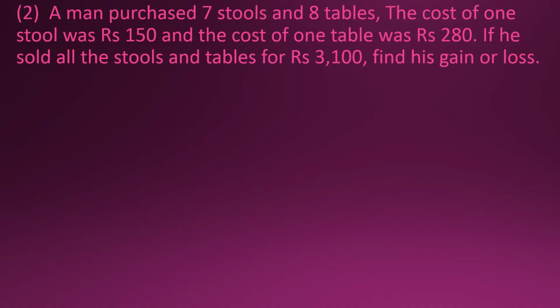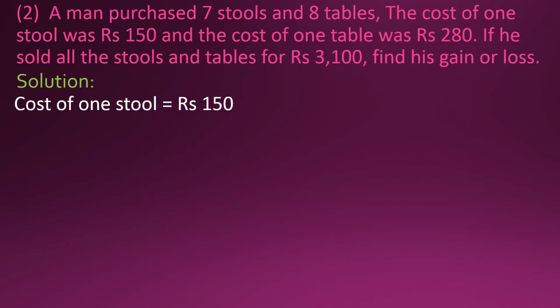Question number 2. A man purchased 7 stools and 8 tables. The cost of one stool was rupees 150 and the cost of one table was rupees 280. If he sold all the stools and tables for rupees 3100, find his gain or loss. See, in this question, cost of one stool is equal to rupees 150.